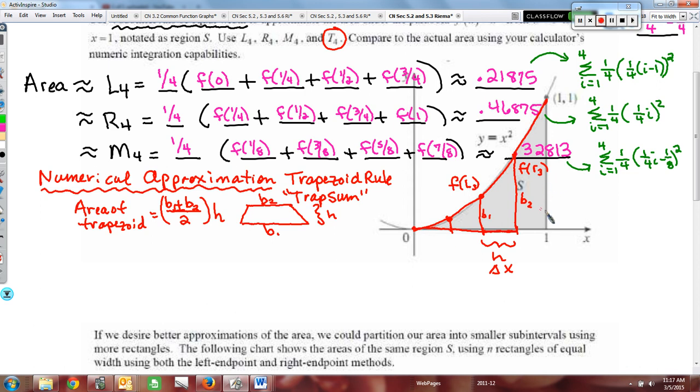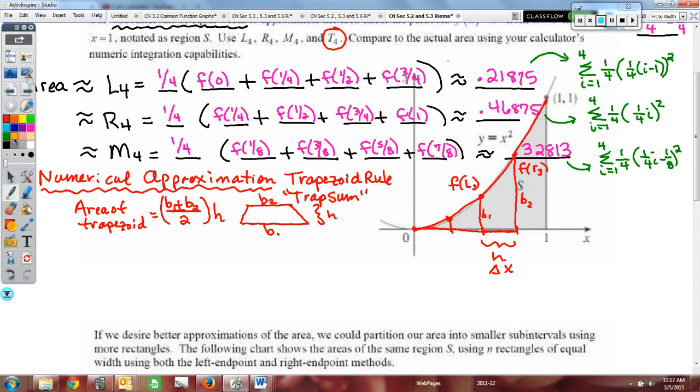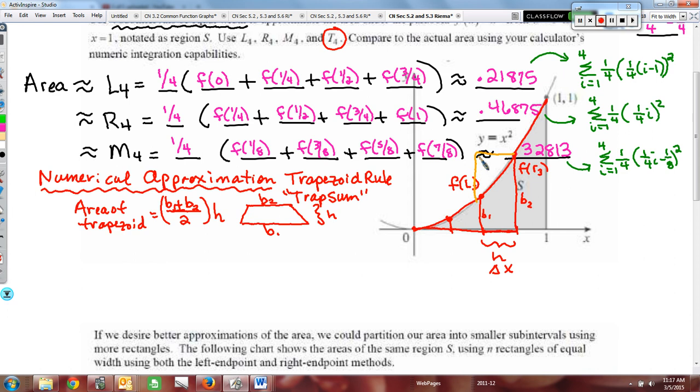Well, we don't want to have to calculate the area of each trapezoid individually. We've already done a lot of work. What I want you to realize is, what if I were to draw in, here is the right rectangle, okay? Here's my left rectangle. So I have a right rectangle that's too big and a left rectangle that's too small, and the trapezoid cuts right in between the two of those.